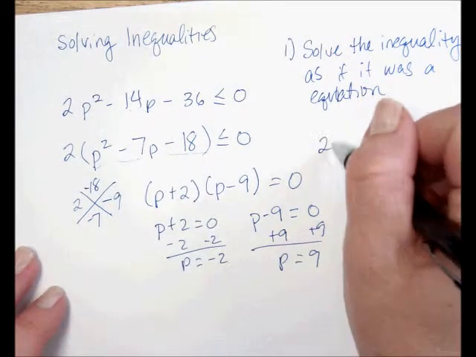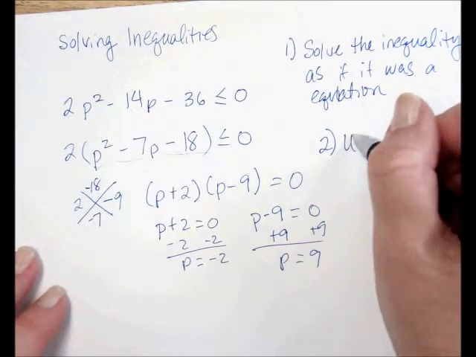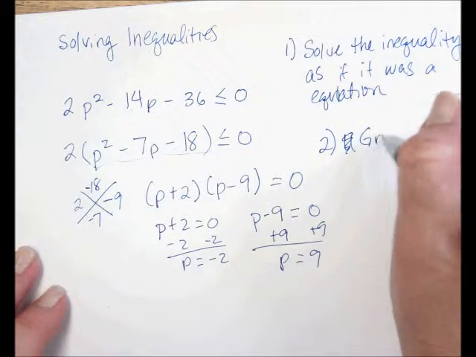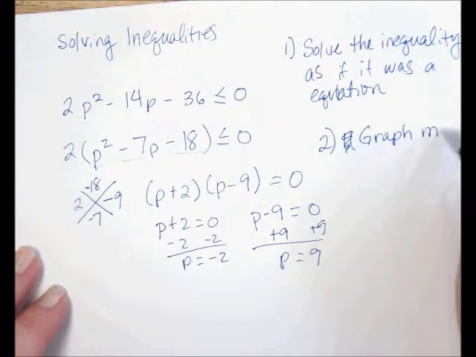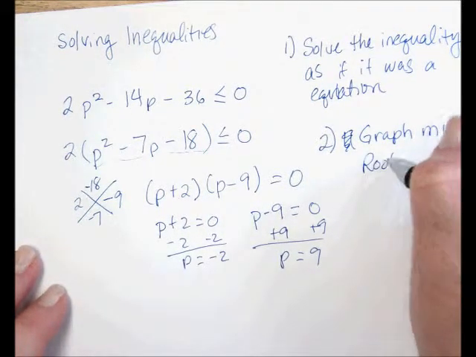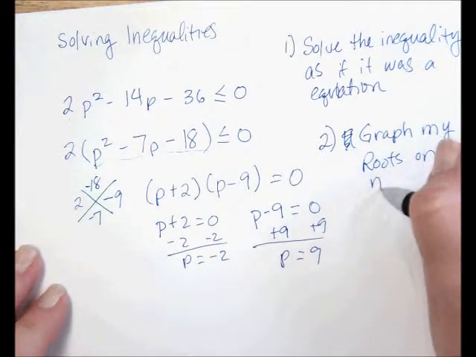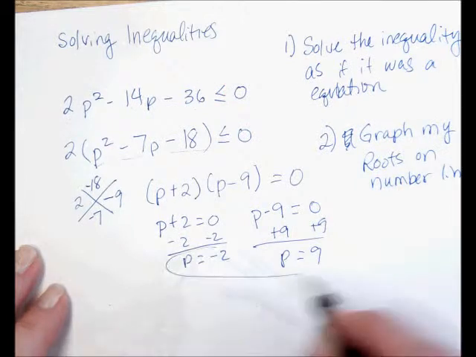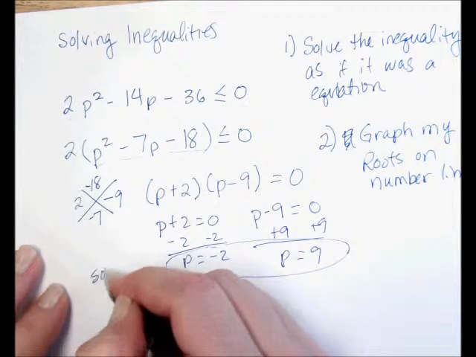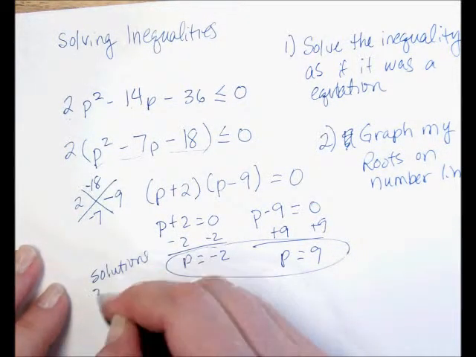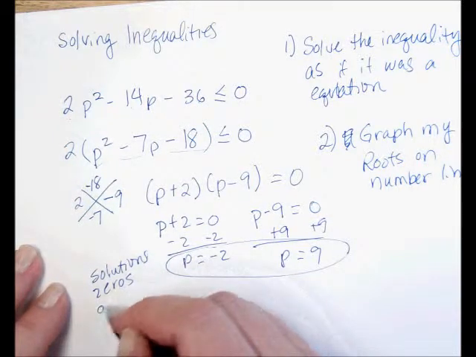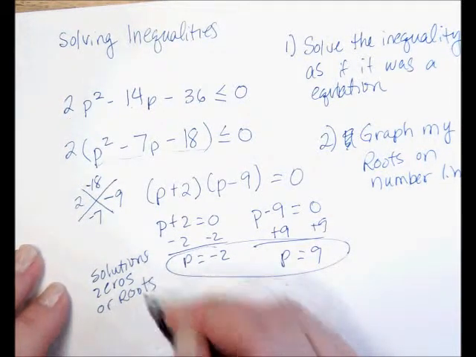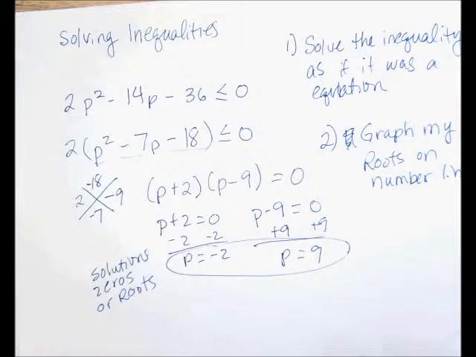Now once I've solved this, I graph my roots on the number line. And we talked about how, whenever I solve it, these are called my solutions, my zeros, or my roots. I can use any of those words to describe that.